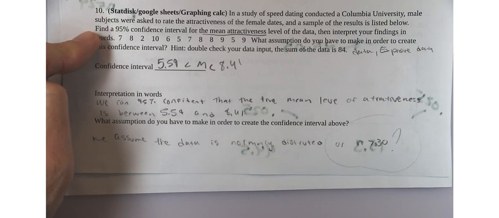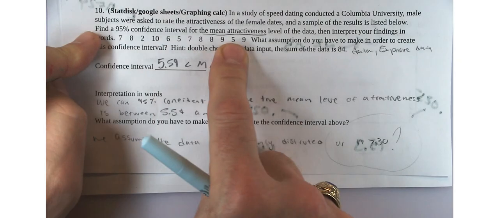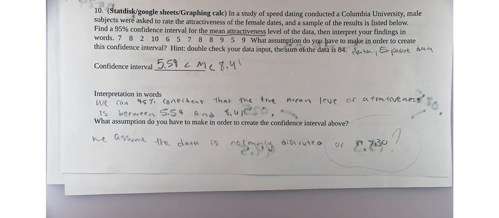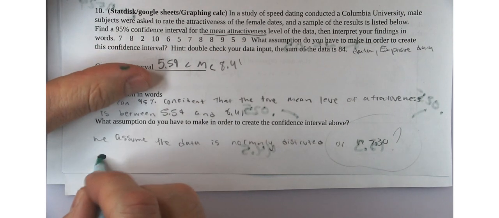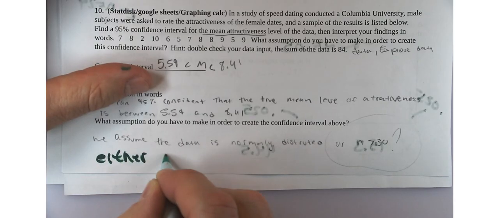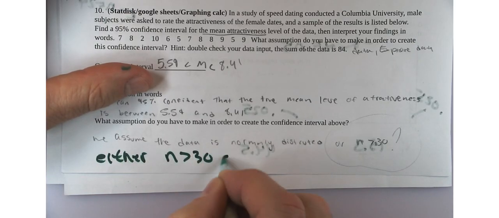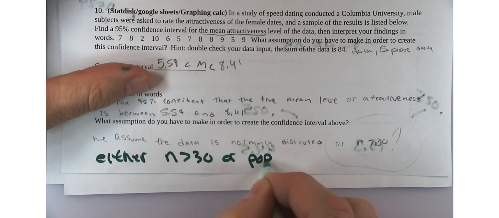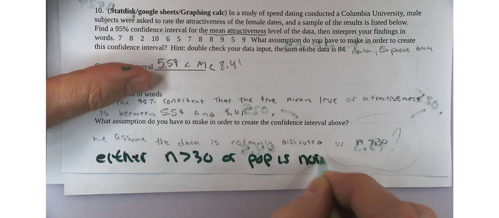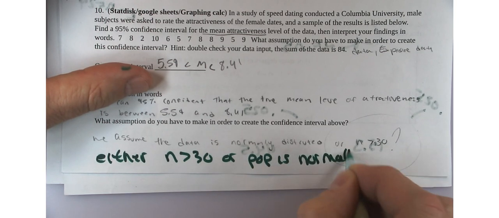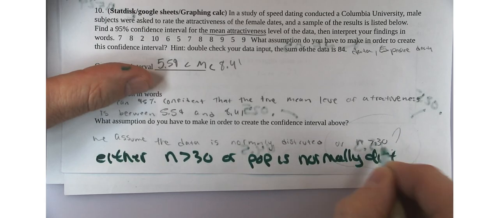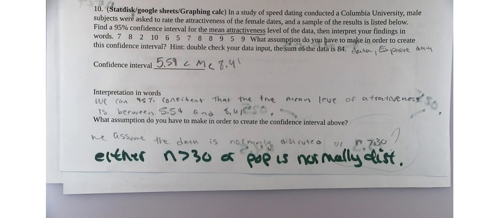We have to make that assumption because our sample size isn't large enough. There's one of 2 assumptions you have to make. Either n is greater than 30, or the population is normally distributed. So one of those 2 has to be true.